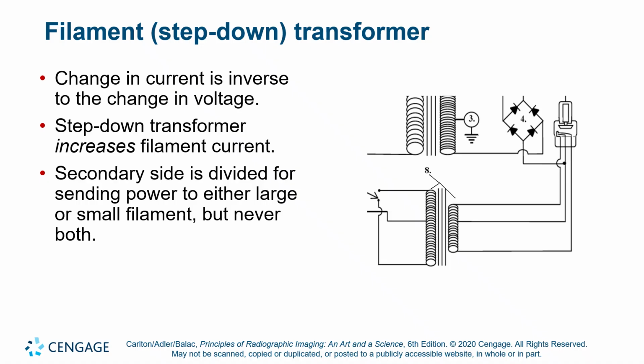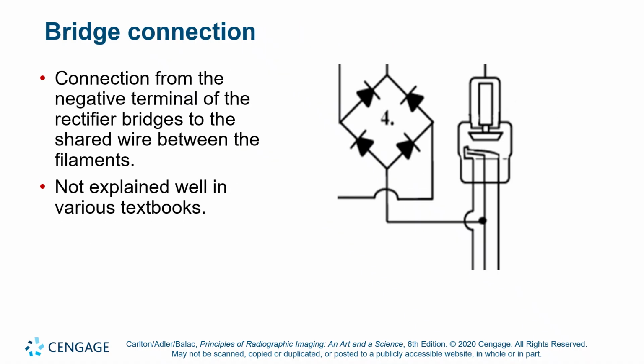Notice the bridge also makes a T connector with the output to the rectifier bridge. The bridge connection. What a segue. Okay. So there is a bridge connection here between the filament circuit coming in from the bottom, the 3 lines that lead to the filament transformer we just talked about.